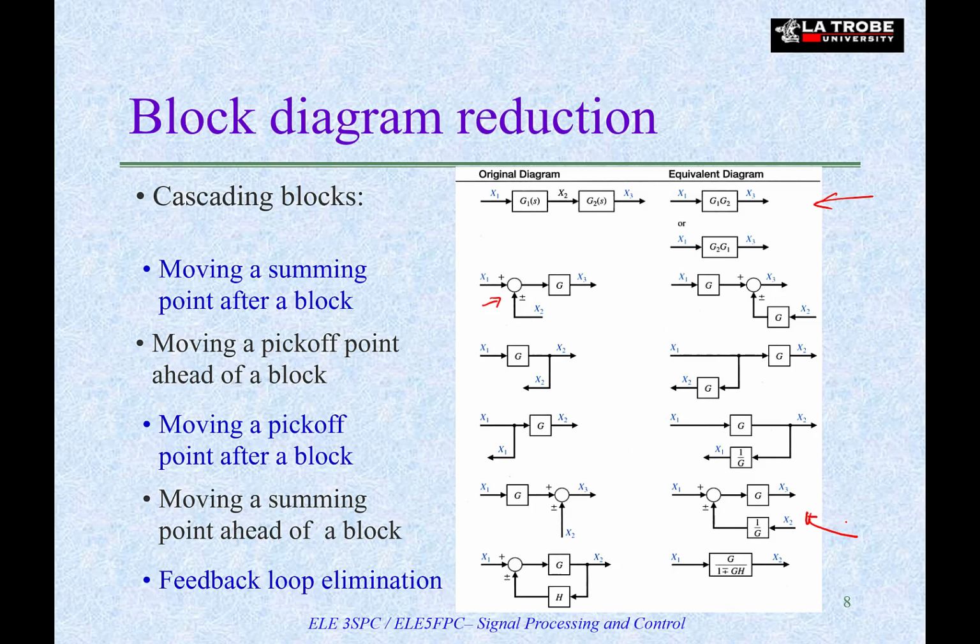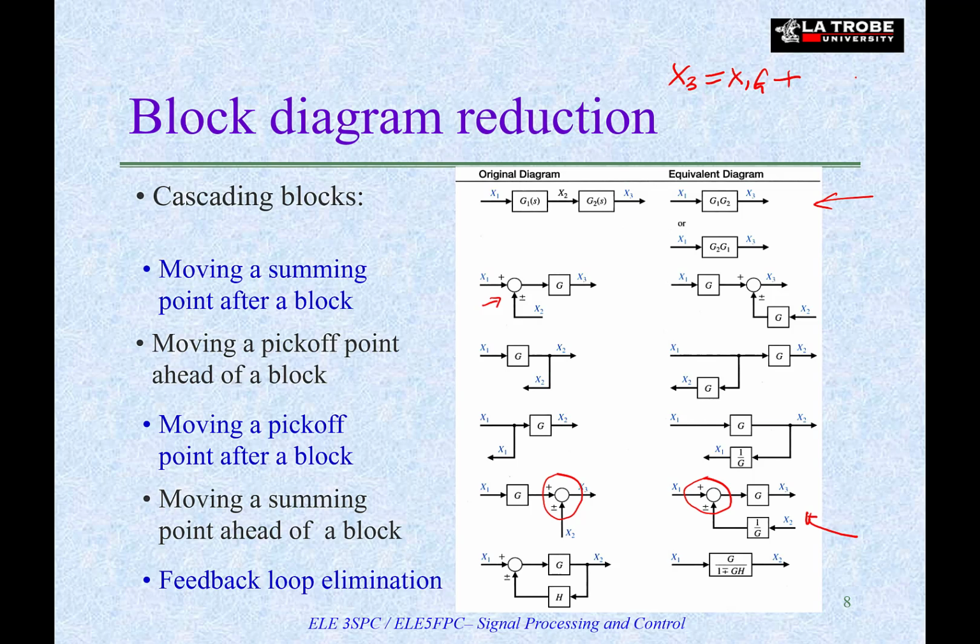So this is to move a summing point ahead of a block. So the summing point is moved to a point ahead of G. X3 equals X1G. Let's use the plus sign here.